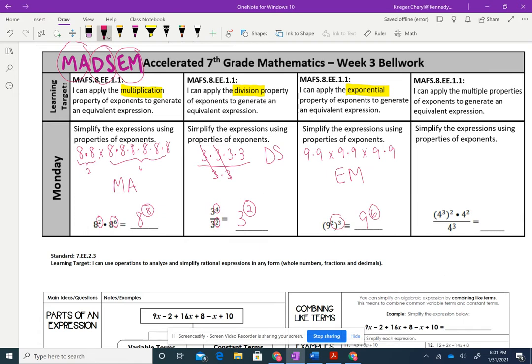All right, so now that you know the tricks, you can go ahead and try to do the fourth column. We have 4 to the third raised to the power of 2 times 4 to the second divided by 4 to the third. Okay, so 4 to the third raised to the power of 2, if we're using the exponential property, that would be 4 to the sixth, times this 4 to the second.